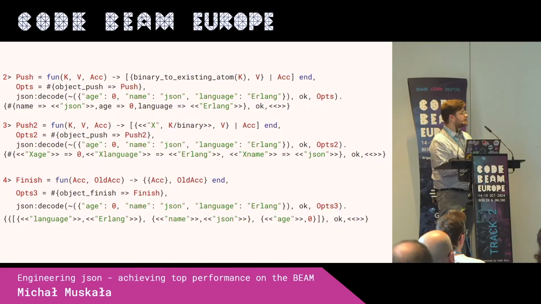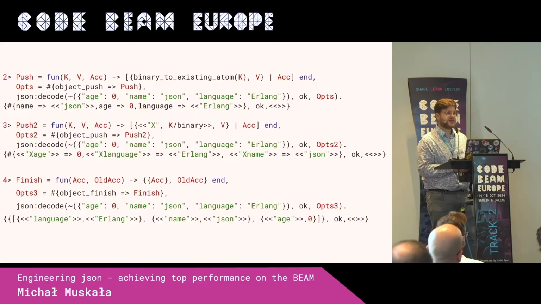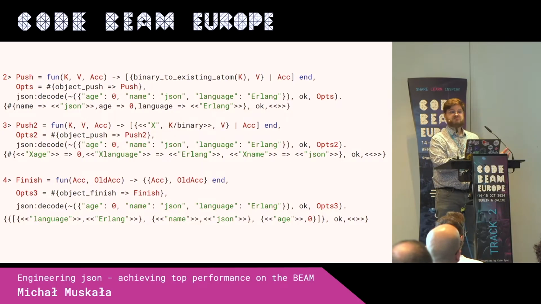And so here we have some examples. In the first case, we effectively implement a feature of decoding keys and existing atoms. So to do that, we override the object push callback and do the binary to existing atom call there. And as you can see, it is more verbose than what you would get with one of the other libraries, right?